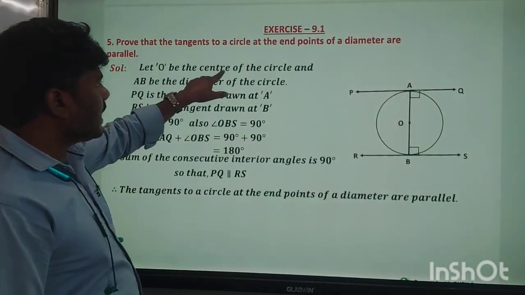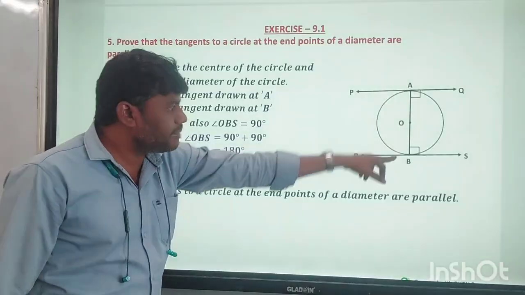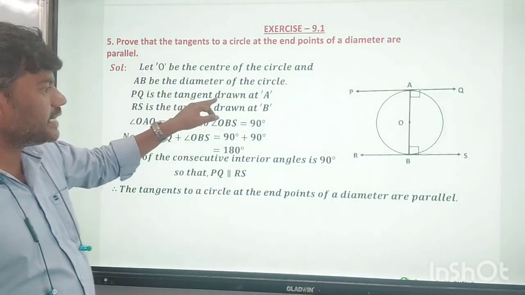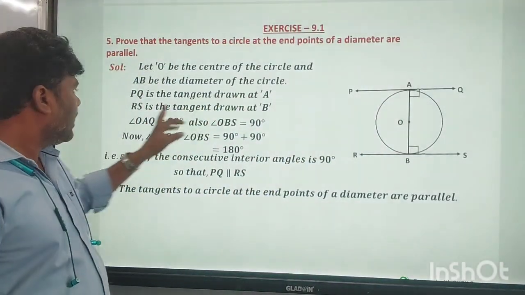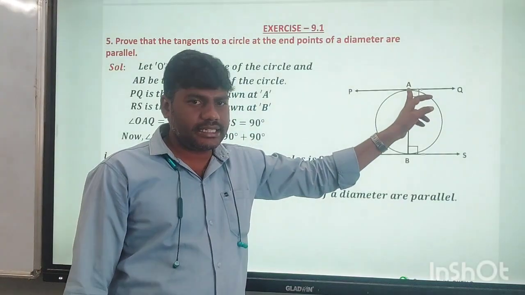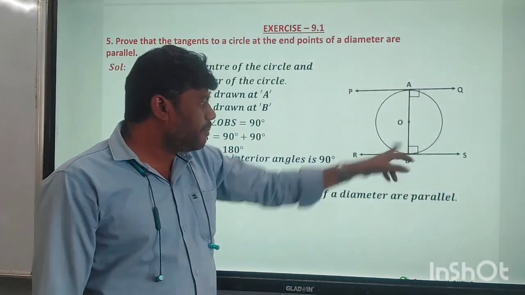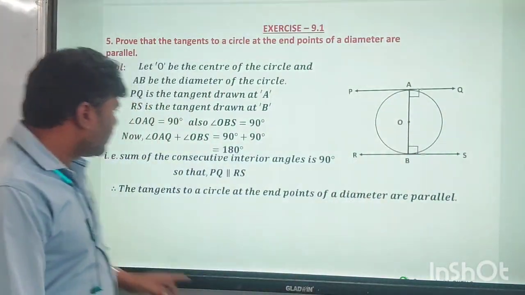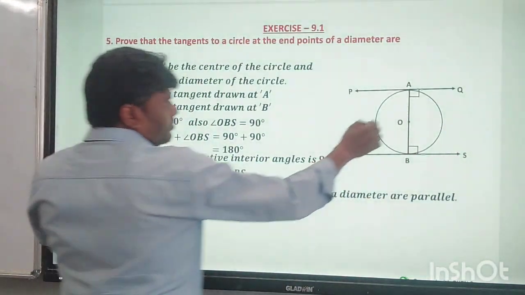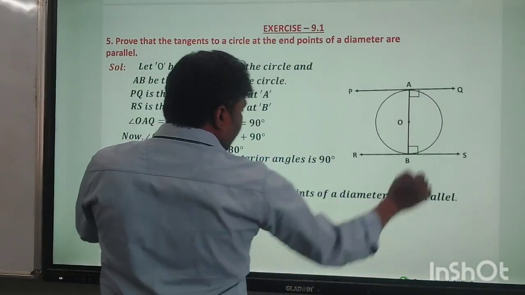See, let O be the center of the circle and AB the diameter of the circle. PQ is the tangent drawn at A, and RS is the tangent drawn at B. OA is perpendicular to PQ and OB is perpendicular to RS. Now angle OAQ is 90 degrees and angle OBS is 90 degrees.